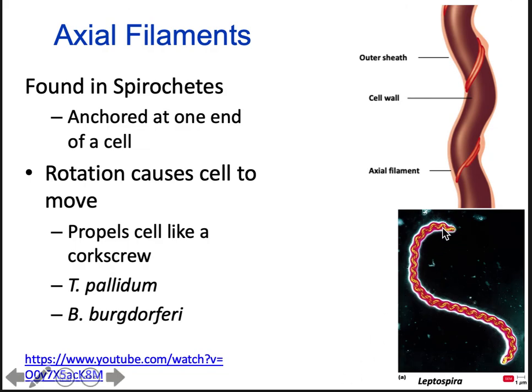It's really cool. Okay, so spirochetes, axial filaments. It's anchored at one end, wraps around, and then rotation of the filament will cause the entire organism to move and propel. Okay, so go ahead and read about that in your textbook, and also here's a short little clip to show you what it looks like under the microscope.